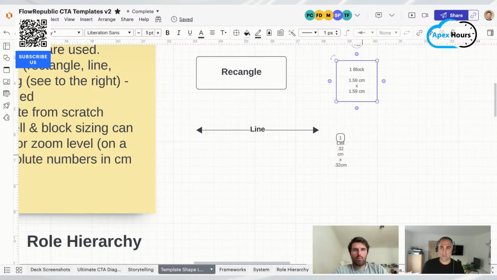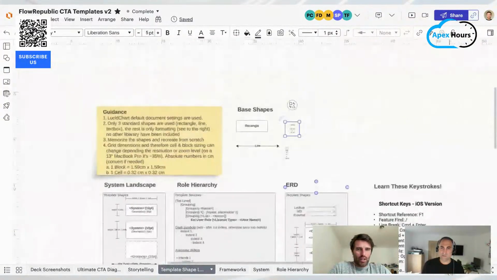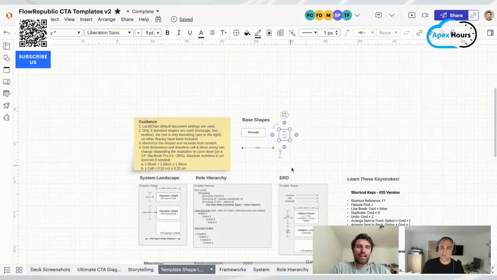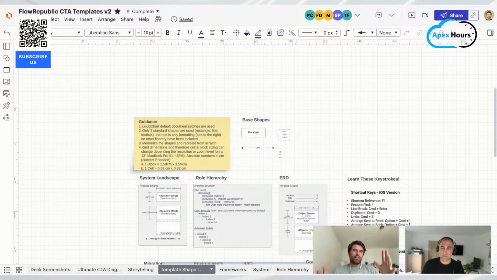Again, go play around. And the reason why we are providing those exact measures is because we've been playing around a little bit, and we realized once you actually change the zoom, the size of a block changes. So around 35%, what you can see here, a block is no longer a block, but it's actually 3 cells on this V-size grid, okay?